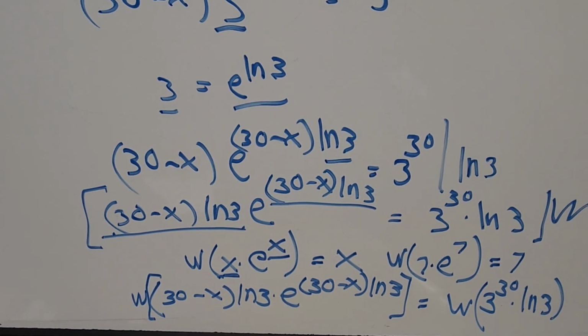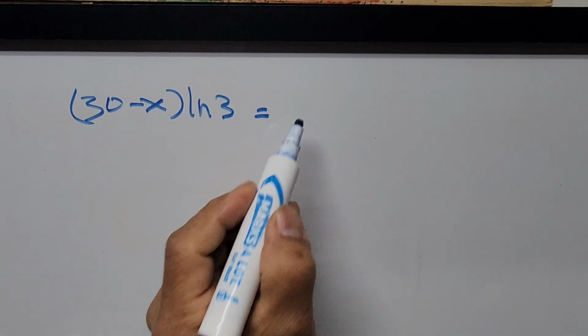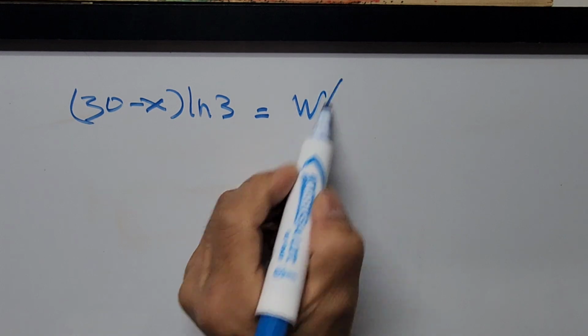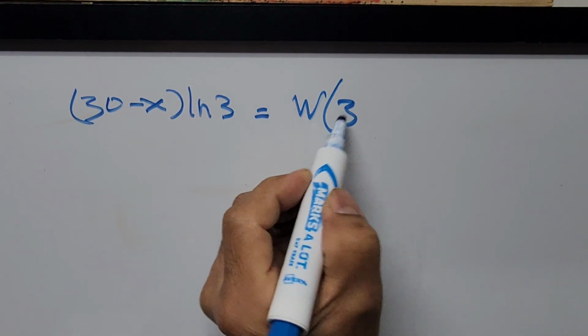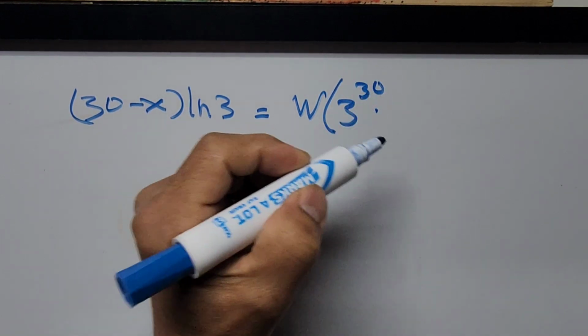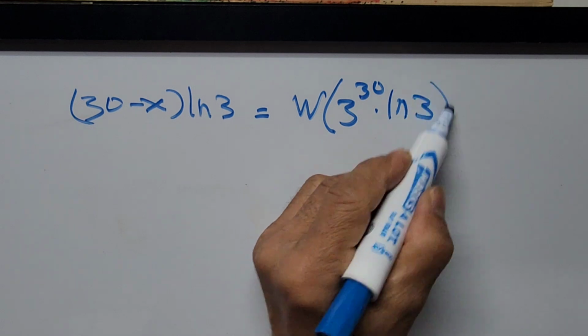And here, following this principle of the Lambert W function, our x value is this one right here, the same way as the exponent of e. So now, on the left-hand side, the value of x is 30 minus x times natural logarithm of 3, whereas the right-hand side is W sub 3 to the power of 30 times natural logarithm of 3.